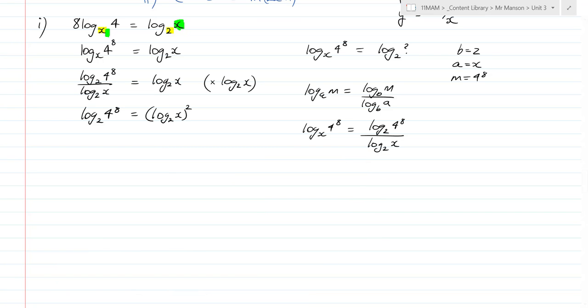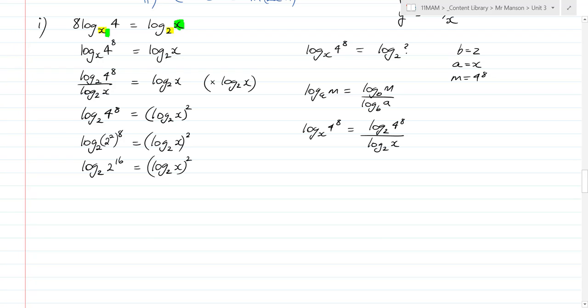But first I need to look at that left hand side and simplify it, because I see now there's only numbers there, and in fact 4 is a power of 2, so life's a little bit easier here. I'm going to change it to be log base 2 of 2 squared to the power of 8, elongating a little bit again, I apologise, and that becomes log base 2 of 2 to the power of 16 equals log base 2 of x squared.